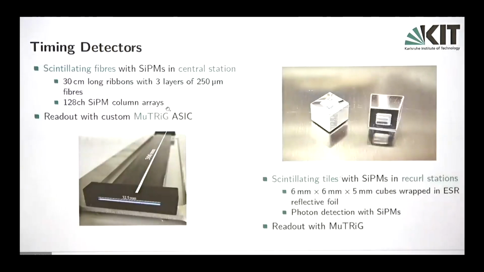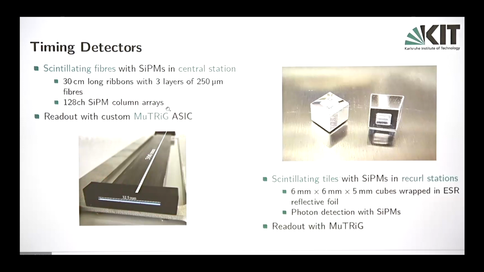All right. Then we had 2 types of timing sensors, scintillating fibers in the central detector station. They're about 30 centimeters long, 3 layers of 250 micron fibers in one module. And we have a silicon photomultiplier column array to read out the photons. And then for both timing detectors, we have developed a custom ASIC, the so-called MuTrig, for the readout of the signals.